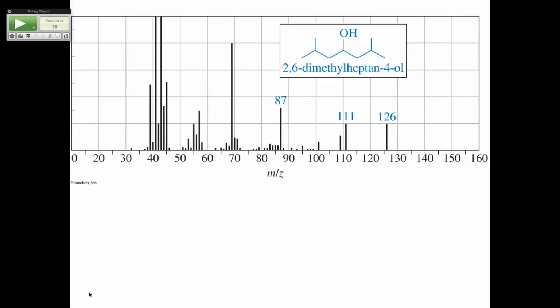So what do you think 126? Do you think 126 is a molecular ion? How would you know? Well, you've got the formula or the structure, right? So what's the formula? Let's see if you can add this up.